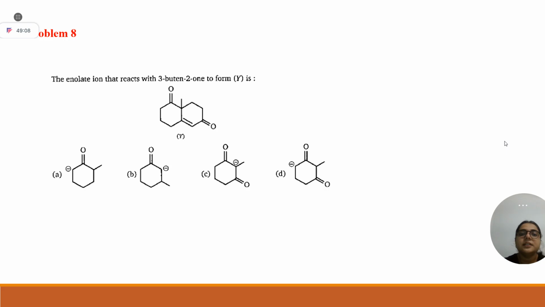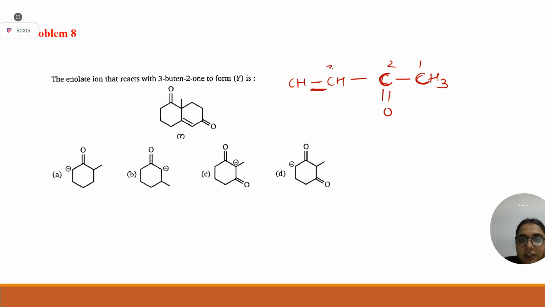They are asking among these options which enolate ion will react with 3-buten-2-one. Clear? This is your 3-buten-2-one.